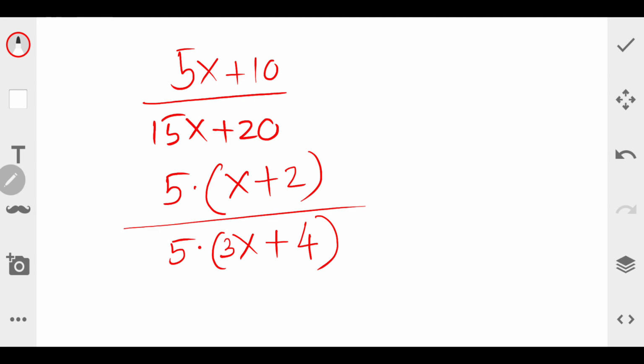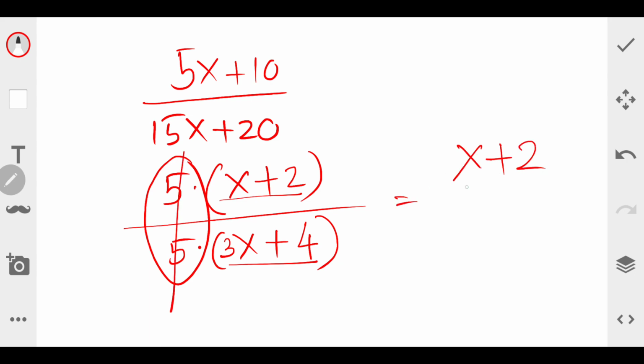Okay, so factor this properly, you'll get this. So now I cannot cancel x plus 2 or 3x plus 4, or I cannot cancel this x and x. Okay, you already know why. So I can cancel the 5 and 5 because they are the common factors. So cancel this and we are left with x plus 2 and 3x plus 4.